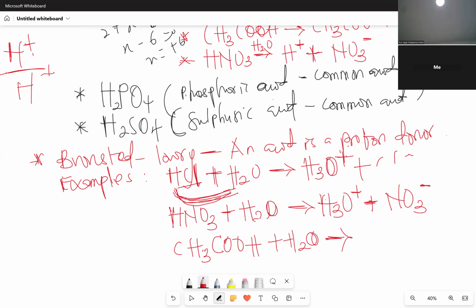Yeah, in water, what happens? The ethanoic acid will donate H to the H2O, making it H3O positive. Yeah, H3O positive. Then we are left with what? Ethanoate.